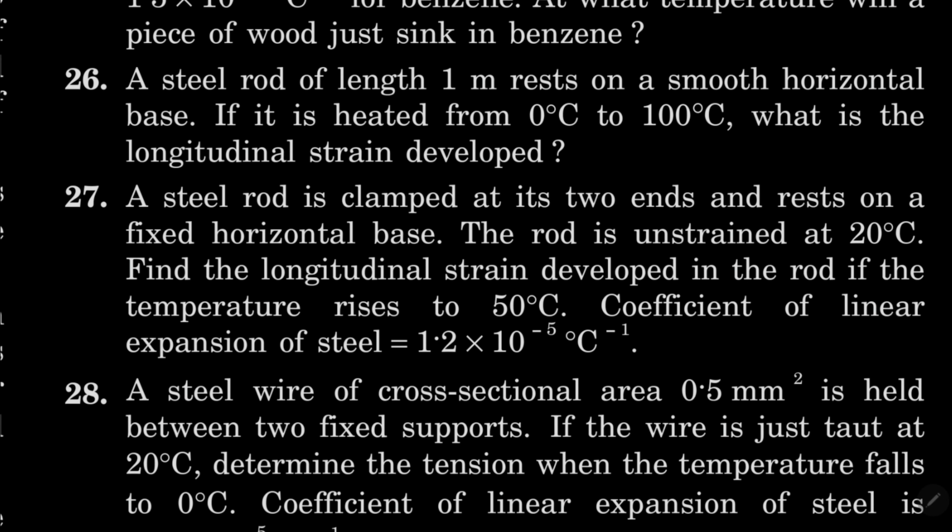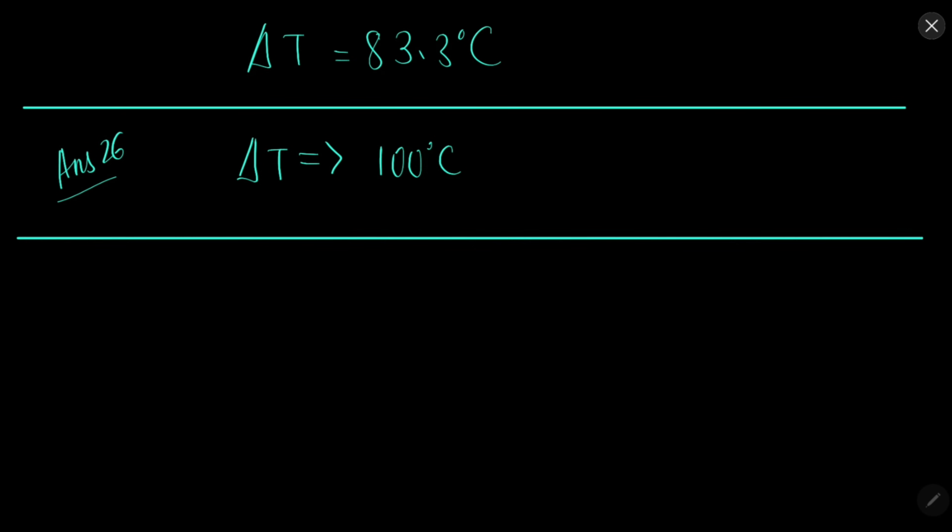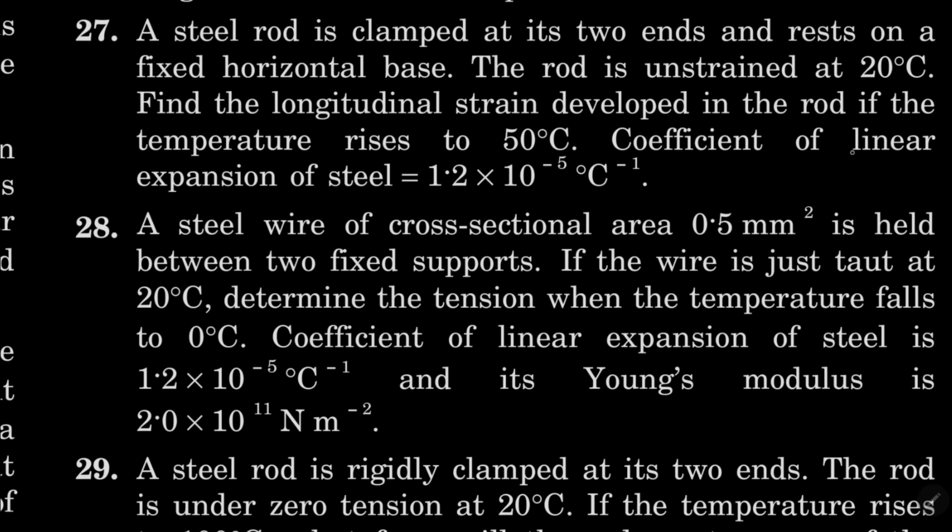In 26, a steel rod is given. What is the longitudinal strain developed? Solution 26. So del L will have 100 degree Celsius. There will not be any longitudinal strain, because there is no opposition to expansion. So no strain in the longitudinal direction.